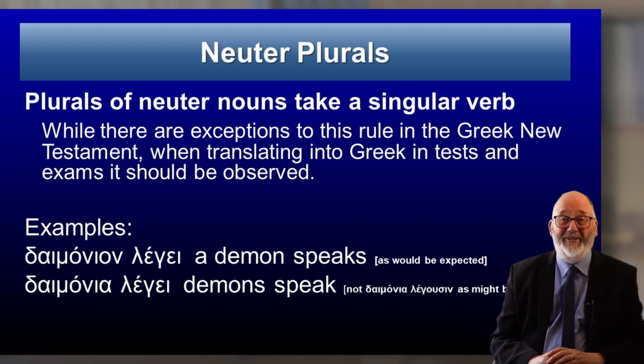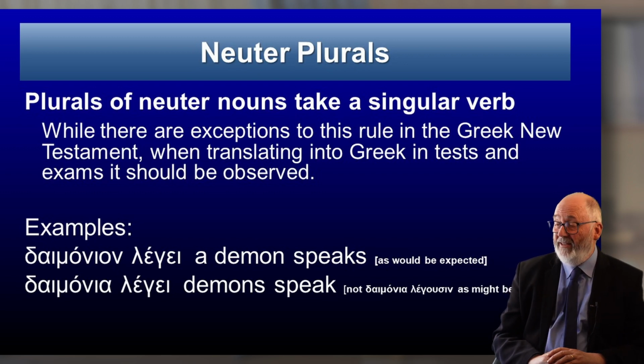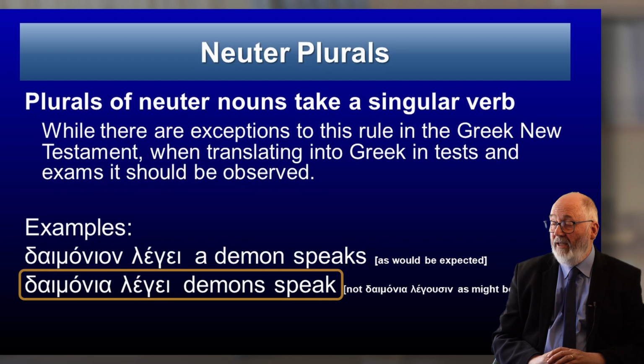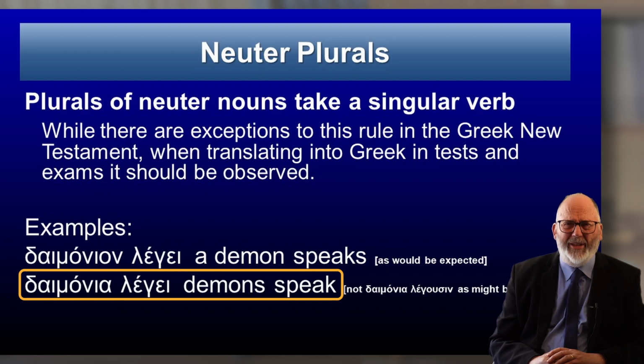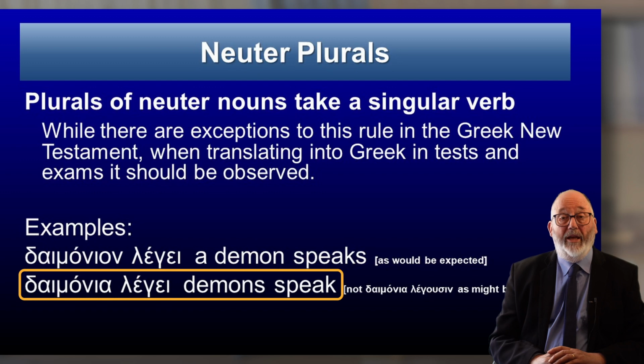If you're trying to write from English into Greek. I did point out that it is daimonia legei, not daimonia legousin, which would be the plural form of the verb. I was very hesitant to write down the incorrect form there. With a plural neuter subject, a singular verb is used.